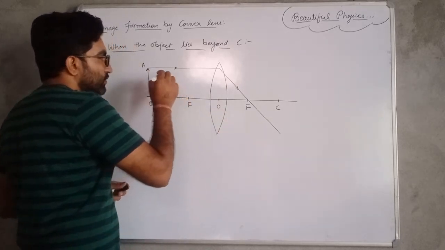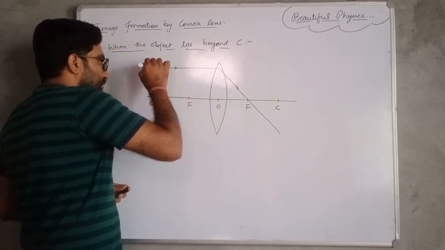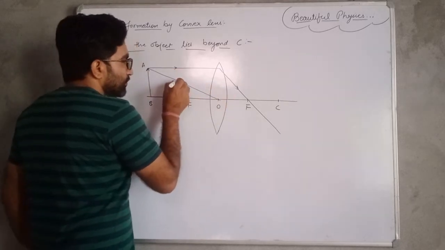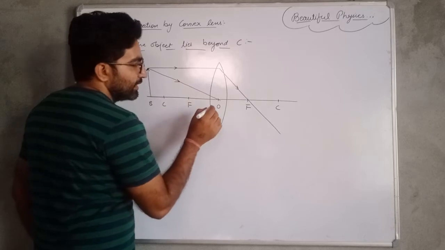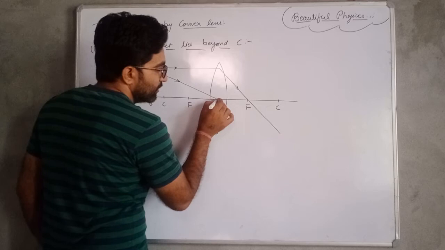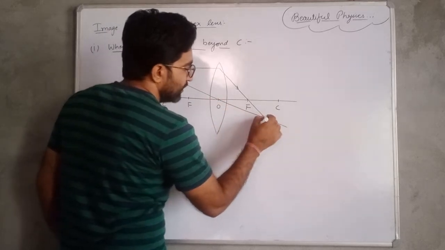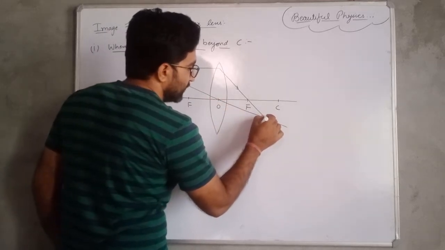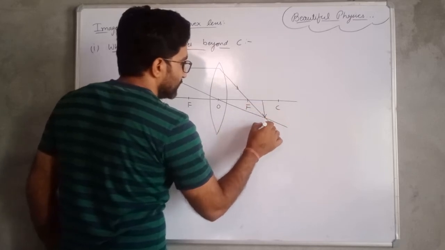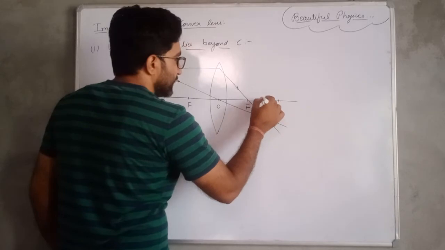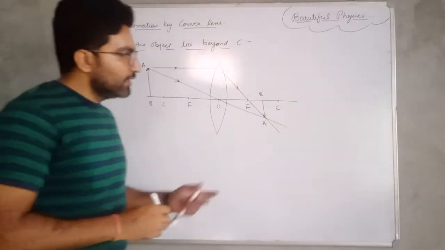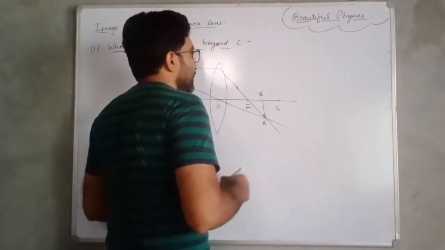I am taking the case of the optical center. So this ray is coming to the optical center, and the rays coming to the optical center pass undeviated. They meet at this point, and our image is formed between the focus and the center of curvature.